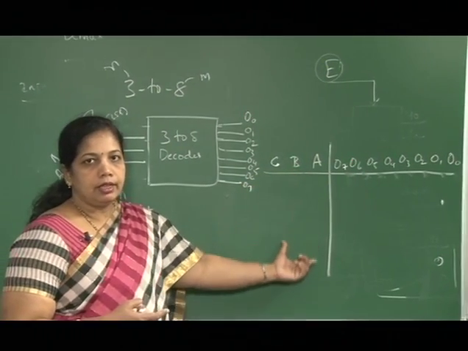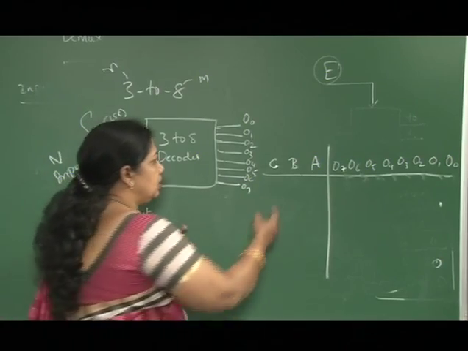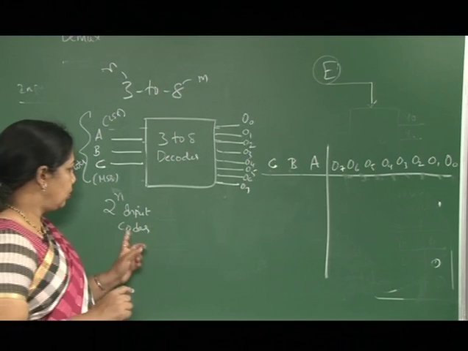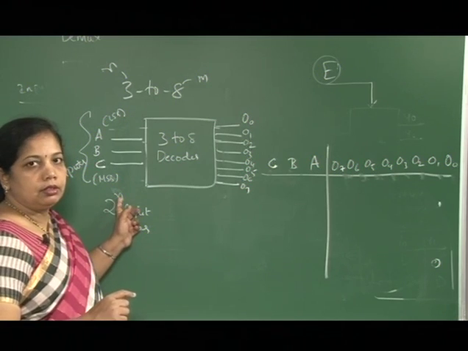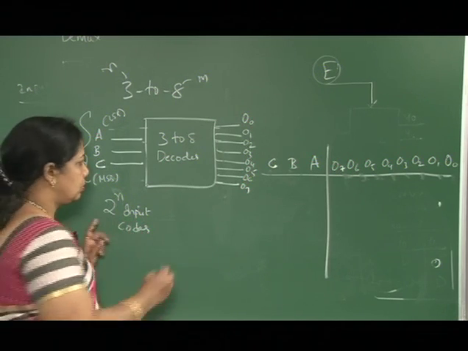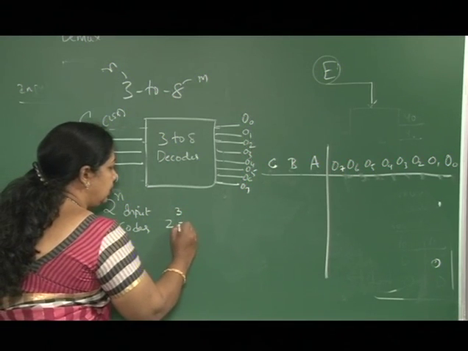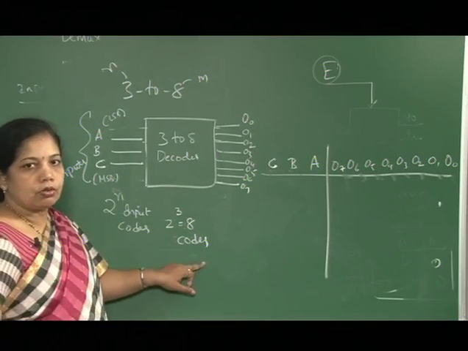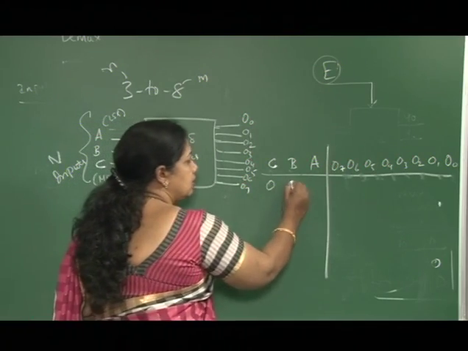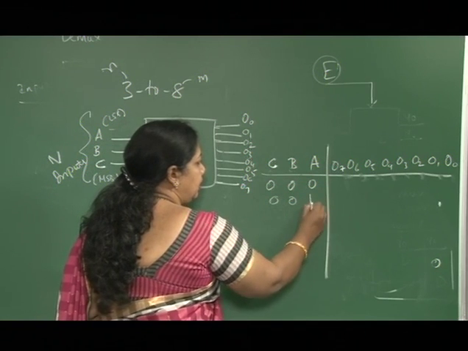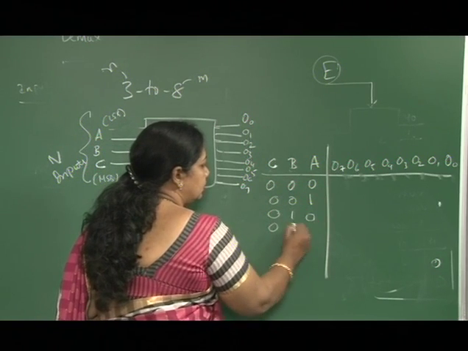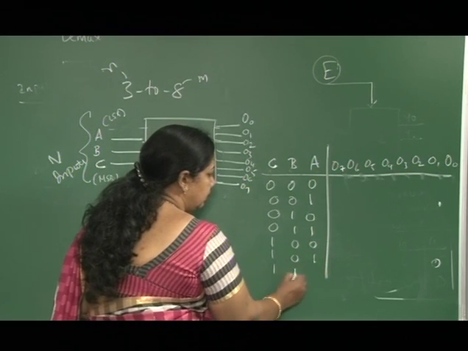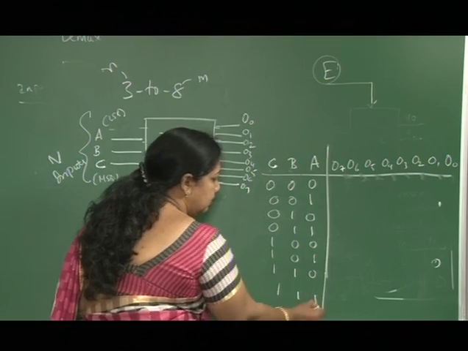So let me write the input combinations. Since we have 3 inputs, I am going to generate 2 power 3 input codes. That is nothing but 8 codes. The codes I am going to write here are 0, 1, 2, 3, 4, 5, 6 and 7.